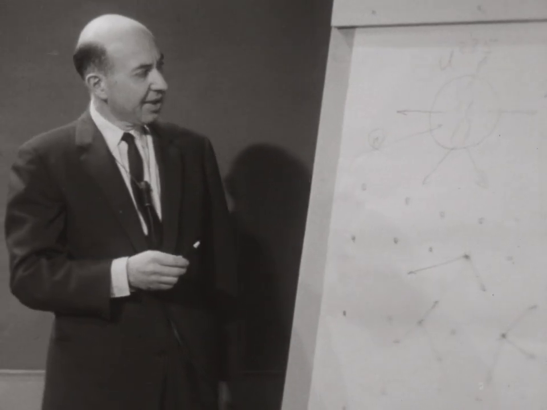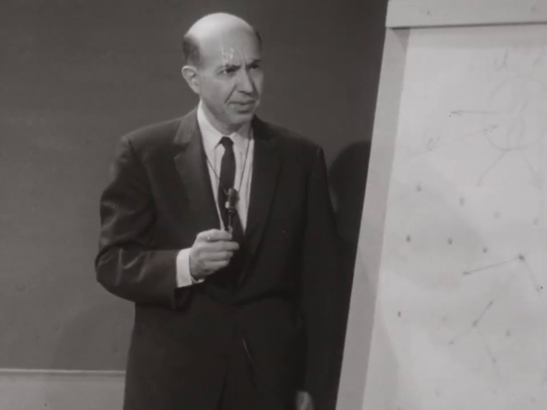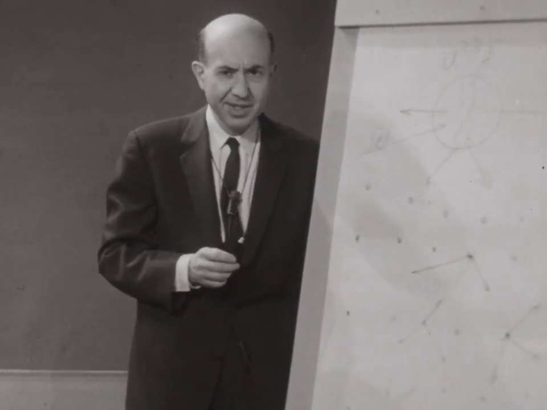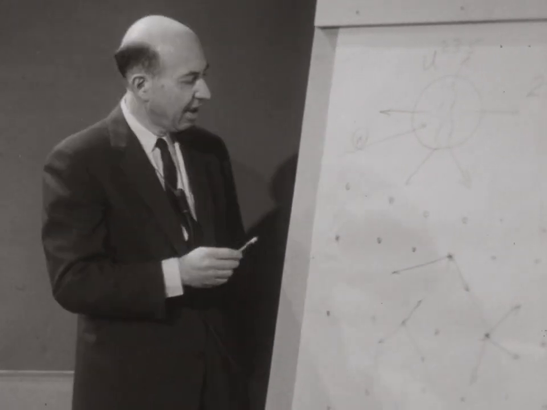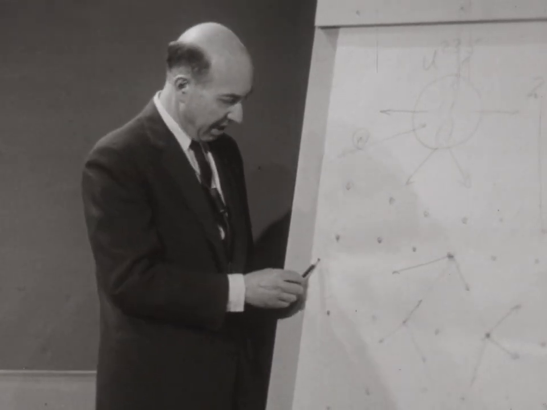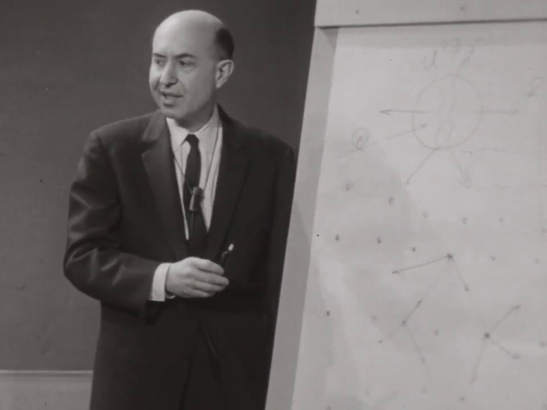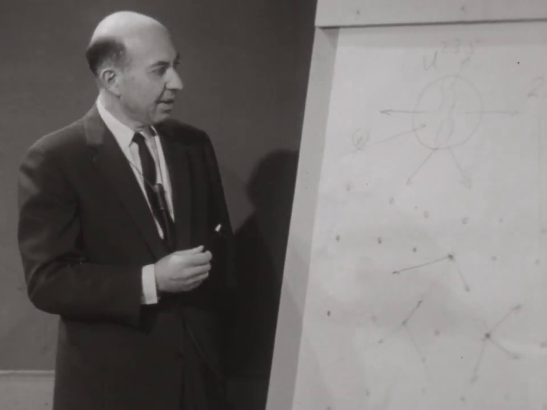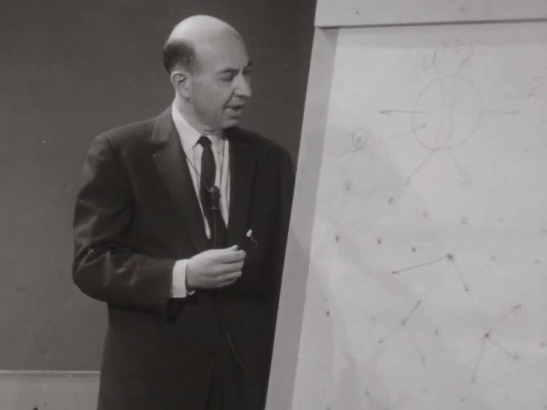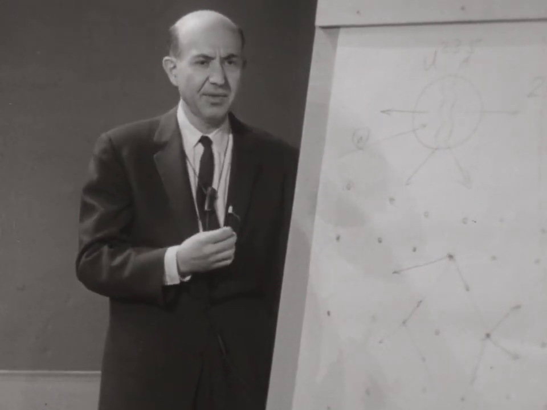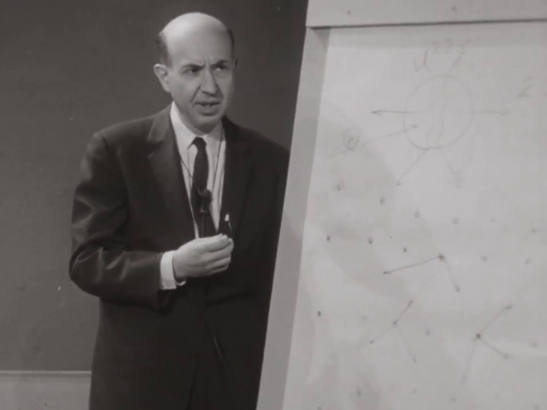Now, let's talk a little bit about this question of target size, or in terms used in nuclear physics, the cross-section of the nucleus. That is, the target size of the nucleus to this event is called its cross-section. One of the interesting features of nuclear physics is the variation of this cross-section with the speed of the neutron.